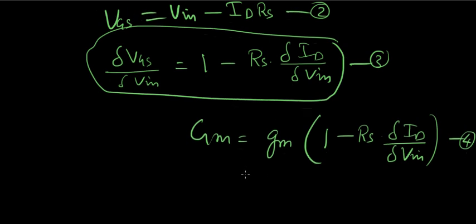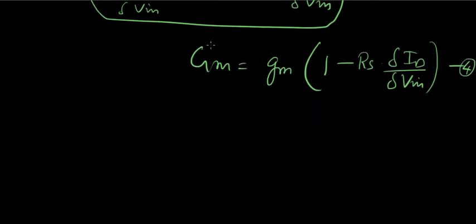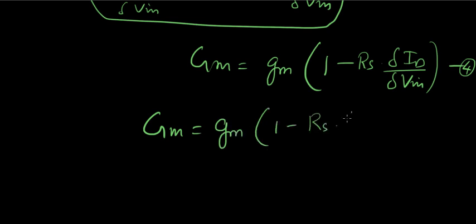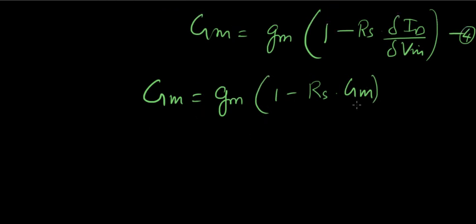Now, this is a funny thing. The capital GM itself is delta ID over delta Vin. If you rewind a bit, you'll see that for the circuit, it's delta ID over delta Vin. So we just need to manipulate this equation a bit to make it look pretty. Let's take GM to that side.